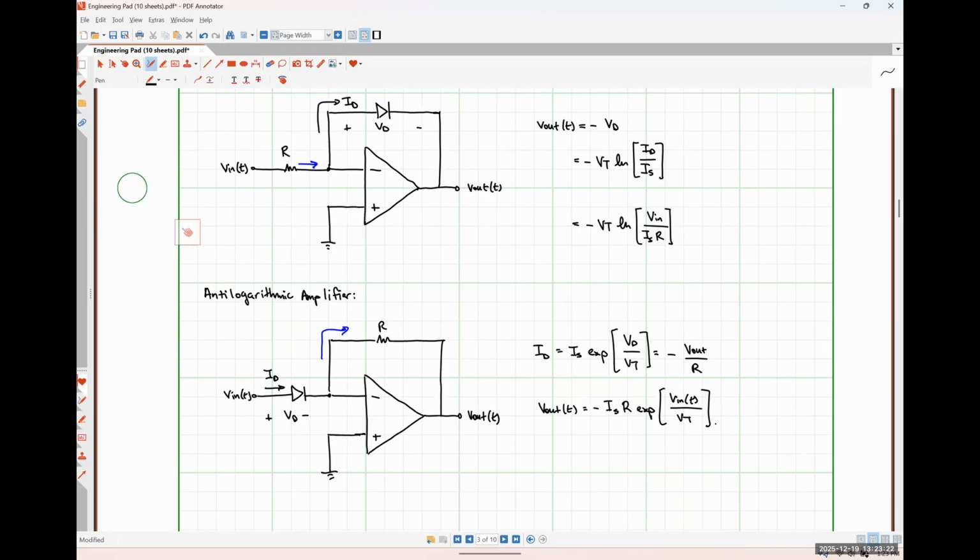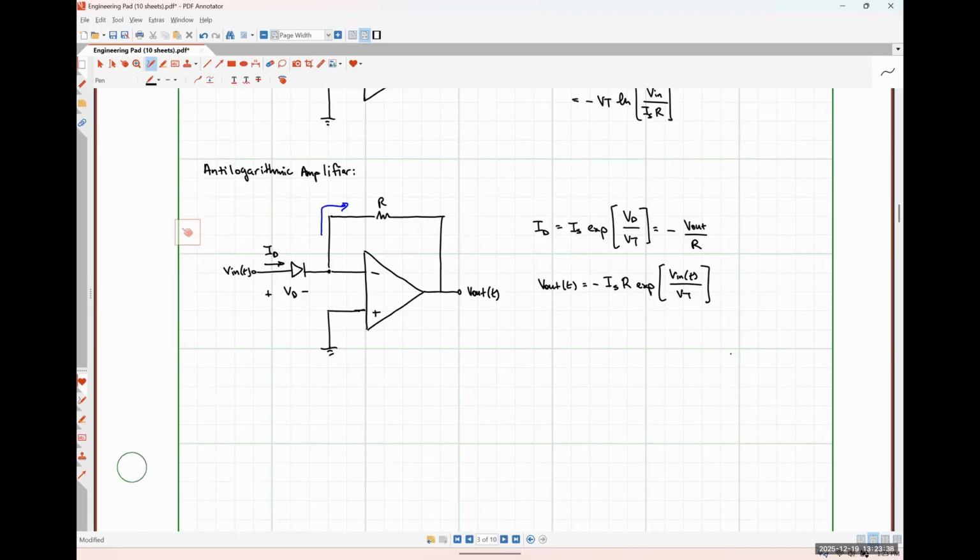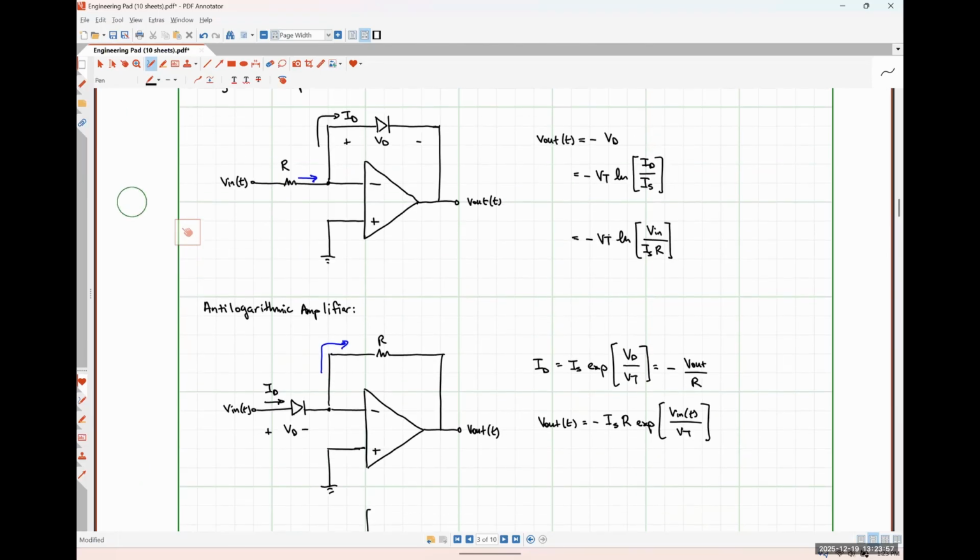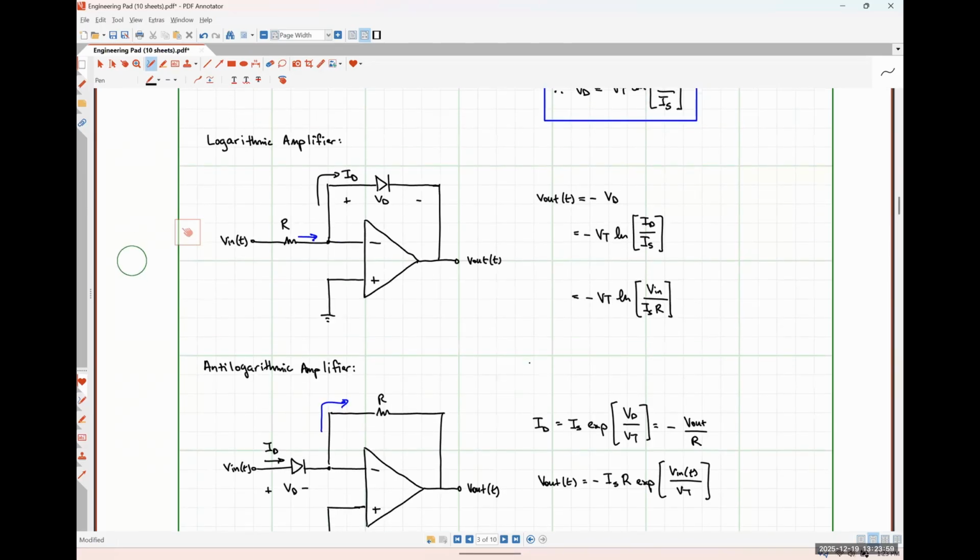So these are our logarithmic and anti-logarithmic amplifiers. And just to make sure we understand what's going to happen when we take the output of a logarithmic amplifier and apply it as the input of an anti-logarithmic amplifier. So this is more of a mathematical exercise. We would have V out is negative Is times R times the exponential of, so in this case, Vn is going to be the output signal of this logarithmic stage.